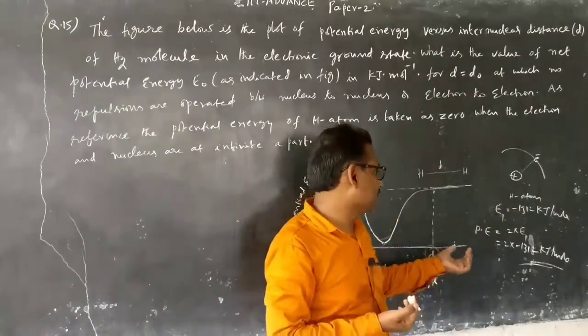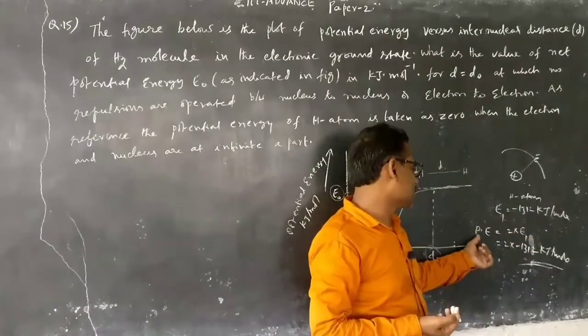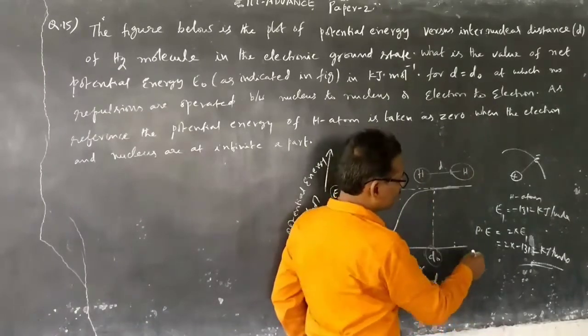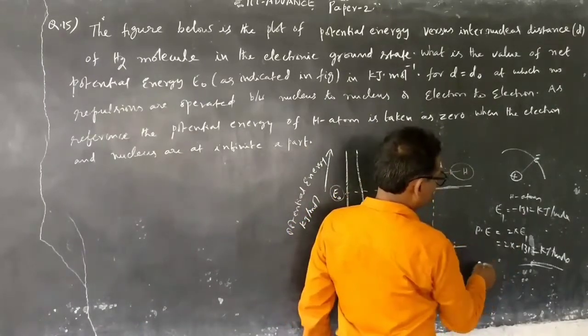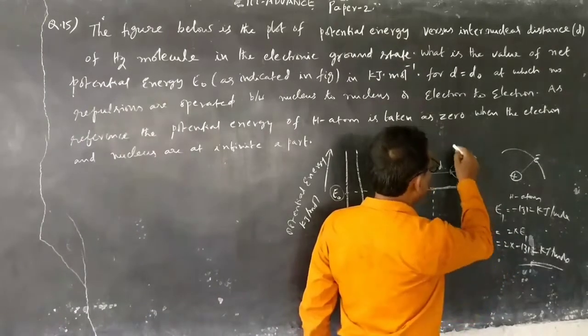We studied in atomic structure also that the energy of hydrogen in the ground level is given by this. So this is the potential energy with reference to one atom, but there are two hydrogen atoms. Then we have to take double of this, that means twice that one.